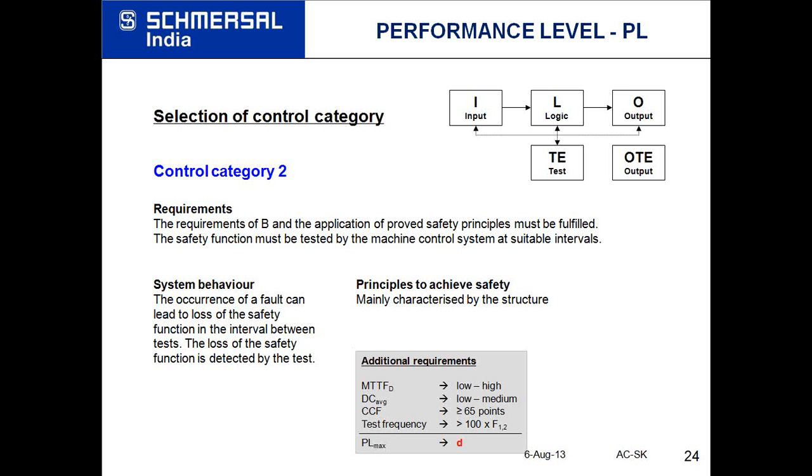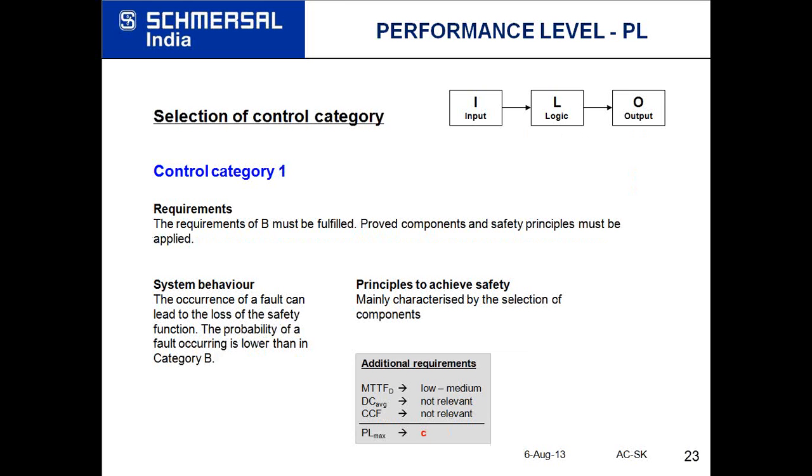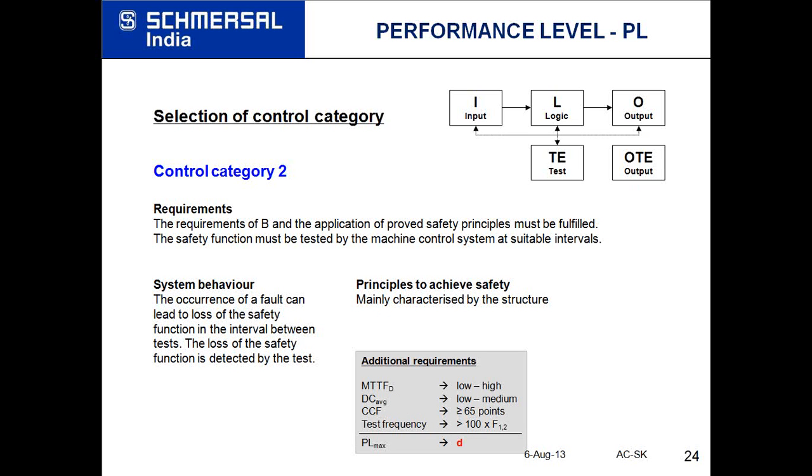If you go to the previous slide, diagnostic coverage was not relevant. Now the diagnostic coverage is there because you have a test input, and this test input can tell you whether there is a failure in the system. But the failure in the system can be identified only after the test. If something happens before the test, between these two test intervals, then we can meet with an accident or the safety function can be lost.